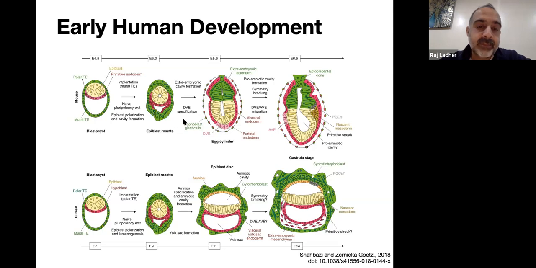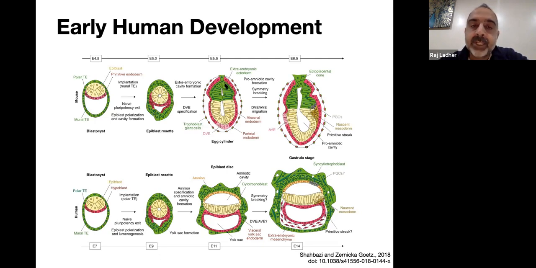Mice actually look different from most mammals. While the embryo starts off looking kind of the same, here is early implantation. You're seeing the blastocyst forming, which looks very similar to the human. As it implants, you're seeing what's called the epiblast rosette forming here.